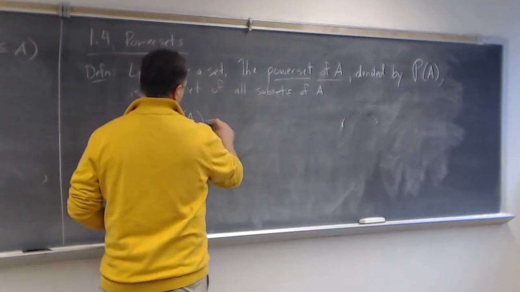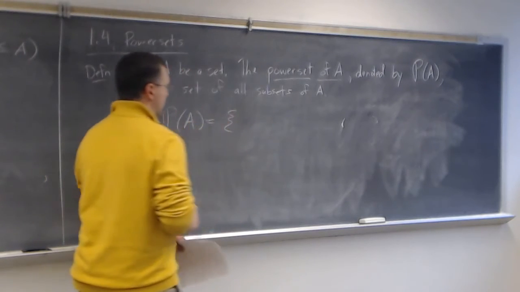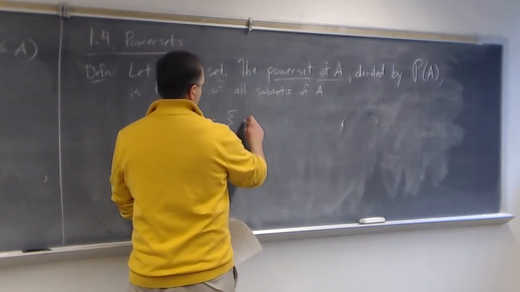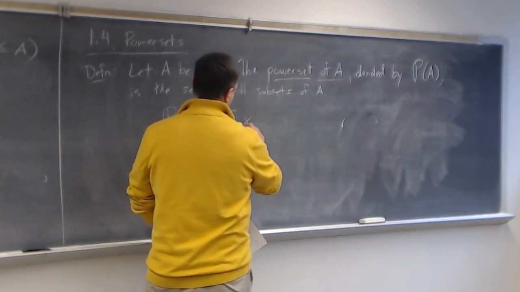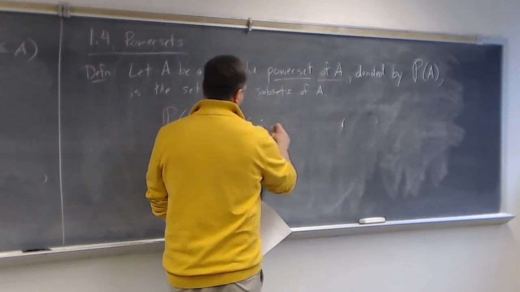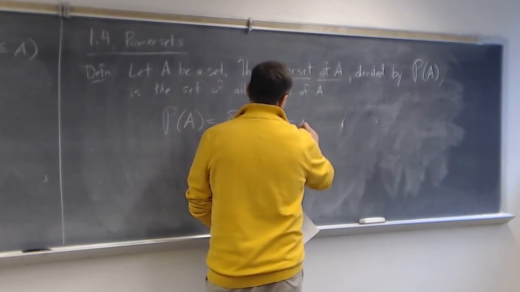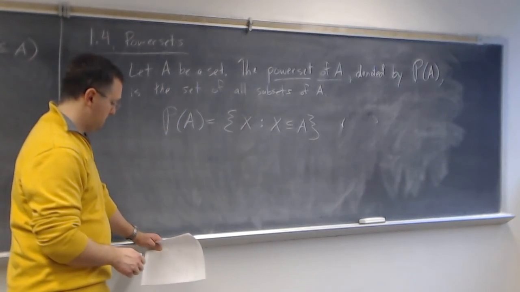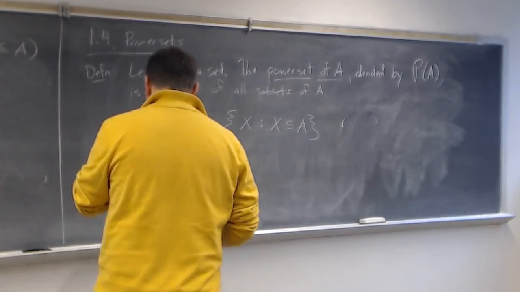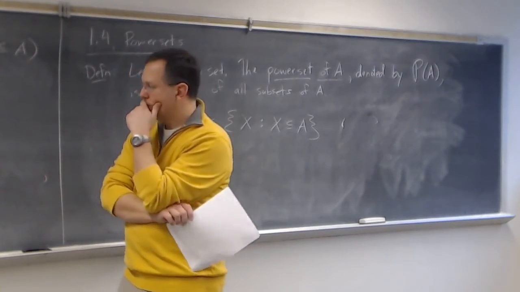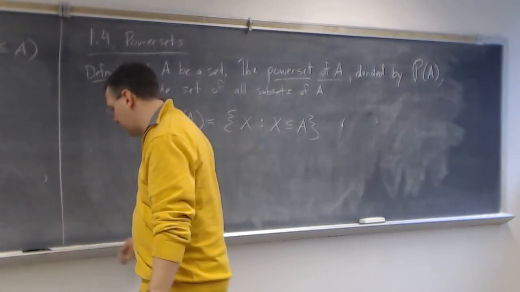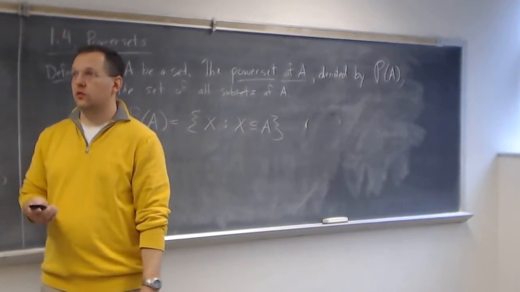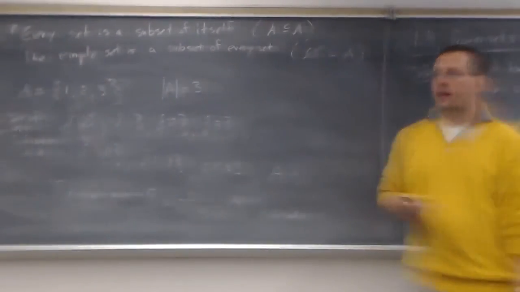So the power set of A, if I wrote this in set builder notation, is the set of all sets X such that X is a subset of A. We already know how big the power set is for a finite set.